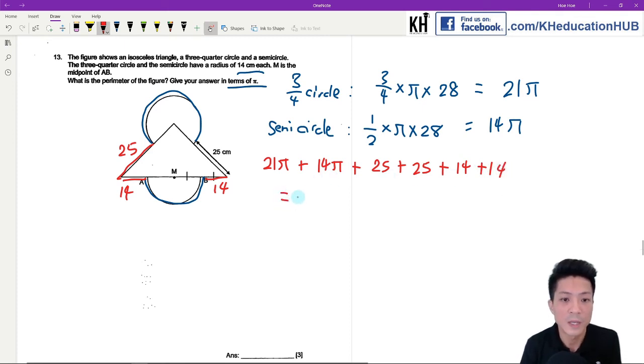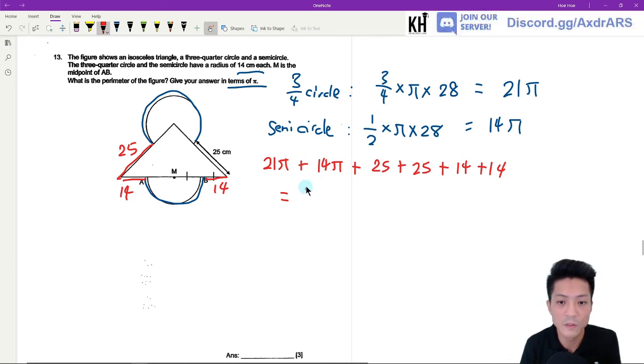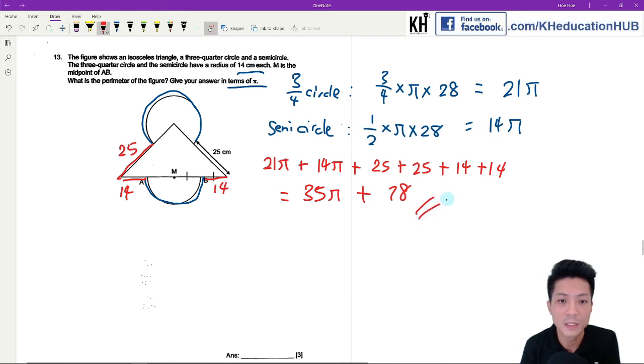Okay, did I miss out any of the perimeter? I don't think so. So this is going to give me 35 pi plus 78. Okay, so this will be the answer for question 13.